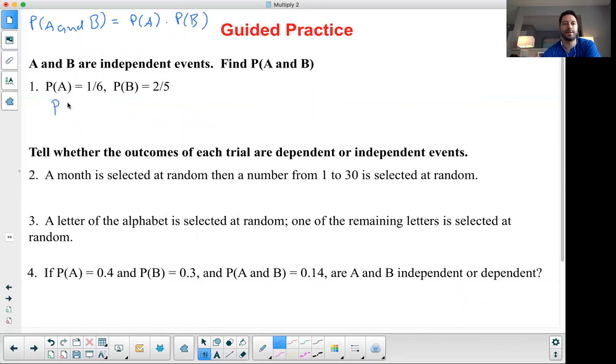So P(A and B) equals the probability of A, 1/6, times the probability of B, 2/5. That equals: 2 times 1 is 2, 5 times 6 is 30. And this could be simplified to 1/15.